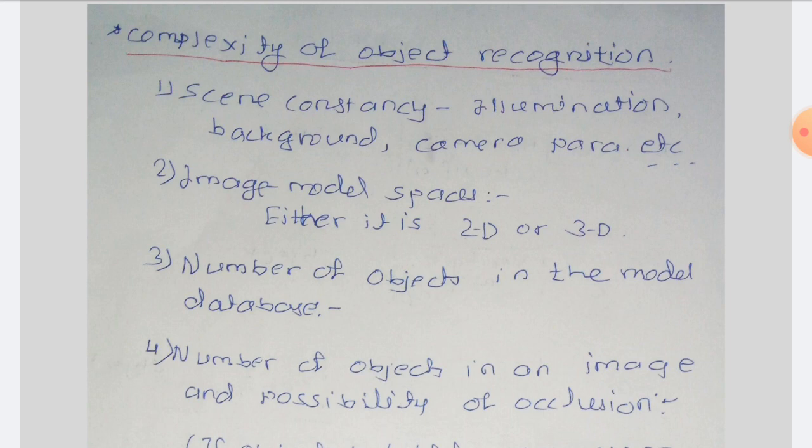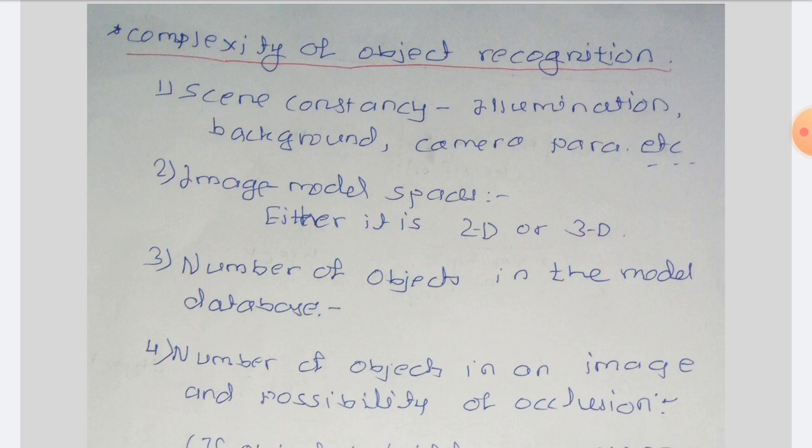Let us take one example. Suppose we are finding the feature based on color. If we are interested in one object and that object's color is red, and the same red color is present in the background, it is very difficult to segment out that red object from the background.